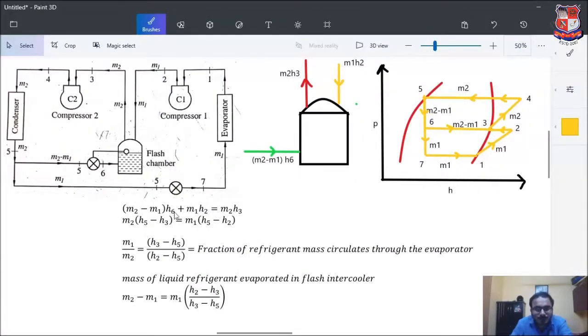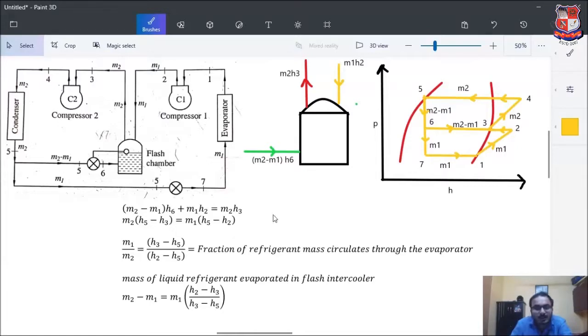Here, this will be our energy balance, that is M2 minus M1 into H6, that is this green, plus M1 into H2, that is this yellow, is equal to M2 into H3. Based on this, you can obtain M2 into H5 minus H3 is equal to M1 into H5 minus H2.